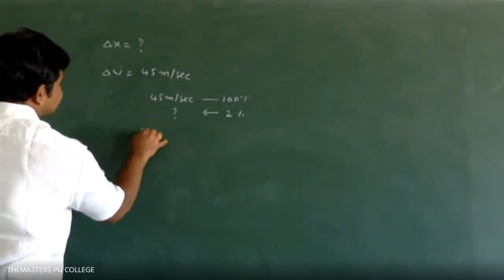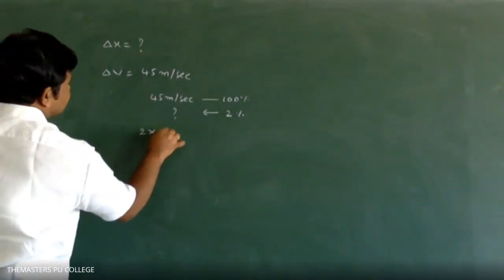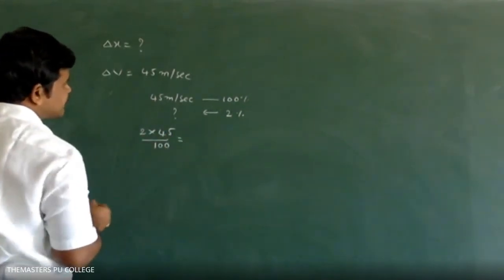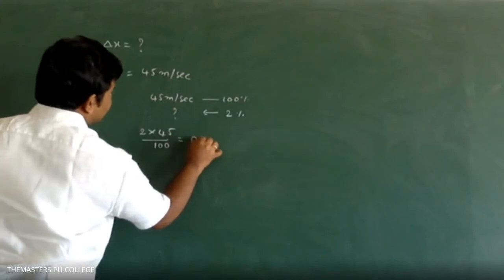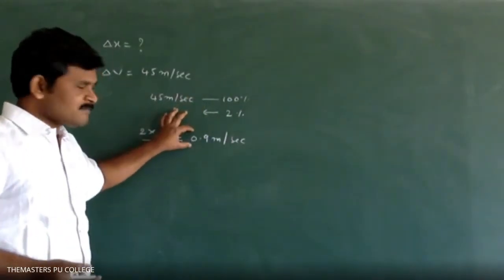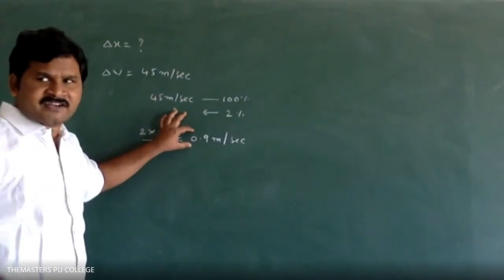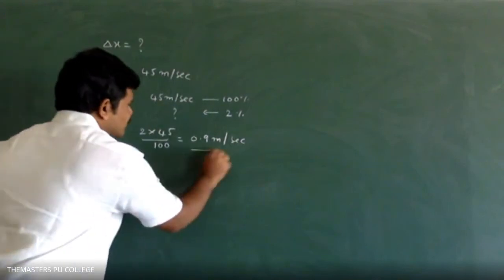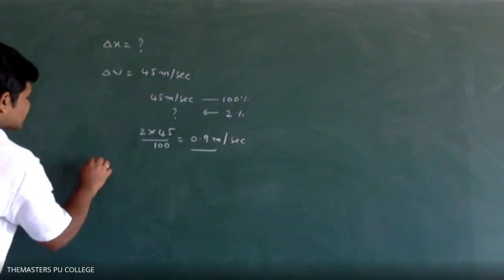That is cross multiplication we have to do. 2 into 45 divided by 100. So 90 by 100 is 0.9. This is the original speed with 2% accuracy. So 2% accuracy means only the speed is this much we have to take.